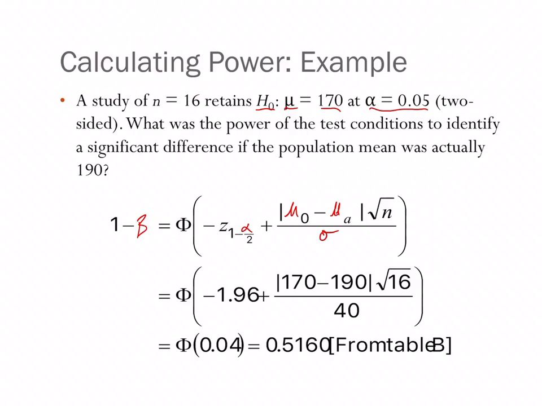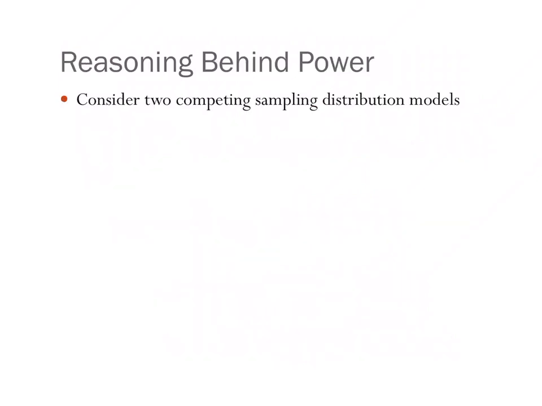And when we plug the values in, we're going to have our phi is equal to negative 1.96 plus the quantity of the absolute value of 170 minus 190 times the square root of 16 over 40, which then you'll get phi is equal to 0.04, which if you go to table B and look up 0.04, you get 0.5160 from table B. And that is what your power is going to be for this particular test.